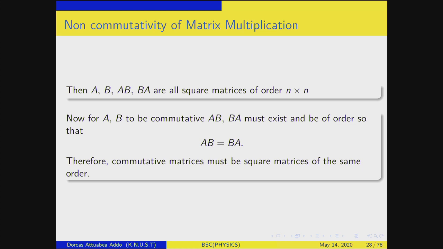So if I have another matrix, you're looking at the inner product. So let's say I have two matrices: a row matrix and a column matrix. I have A to be of order m times n and B to be of order p times n.